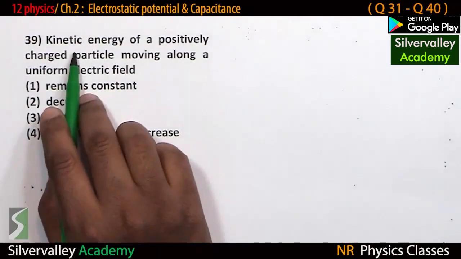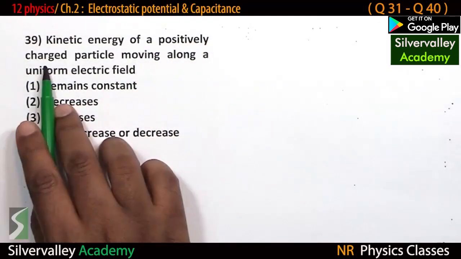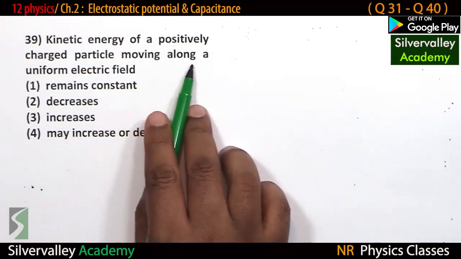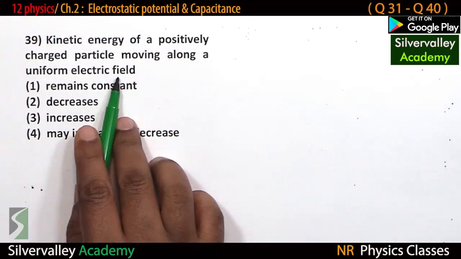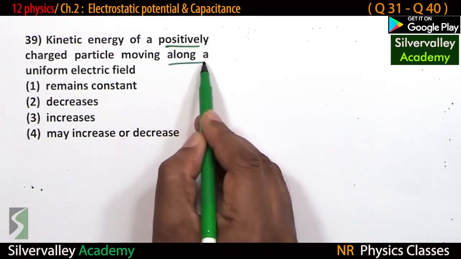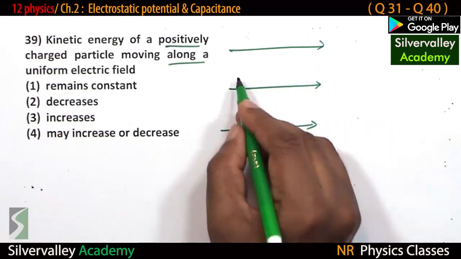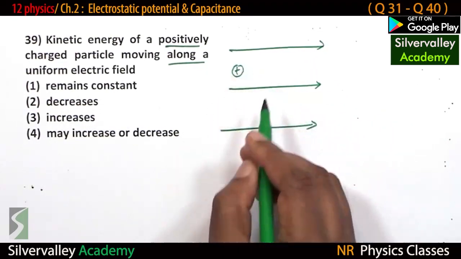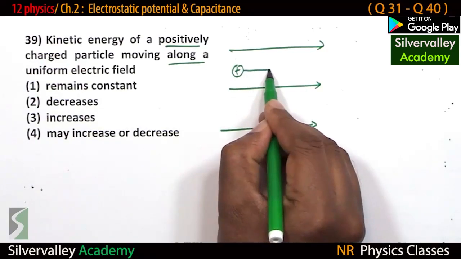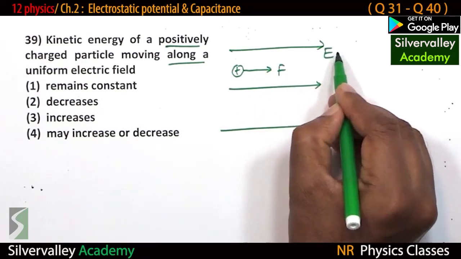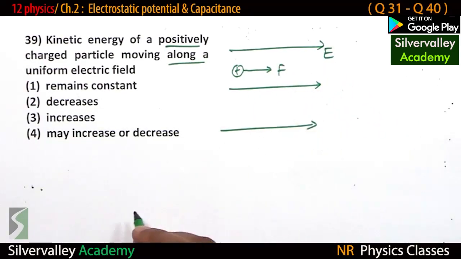Kinetic energy of a positively charged particle moving along a uniform electric field. So this is the uniform electric field. A positive charge experiences force in the direction of the field. This is the electric field, this is the force.